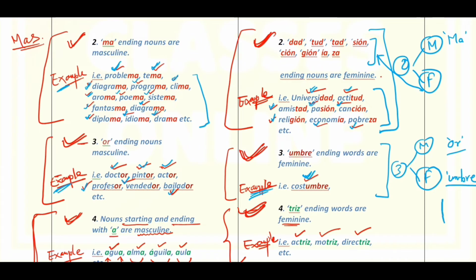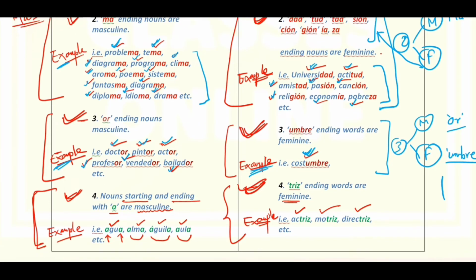Now, fourth point. Here we find a very new category of Spanish nouns. If any noun is starting and ending with A, it is masculine, and on the other side, TRIZ ending words are feminine.